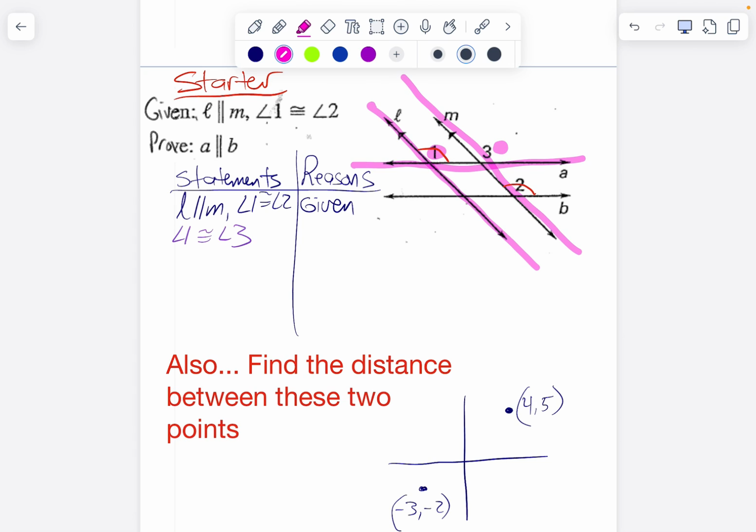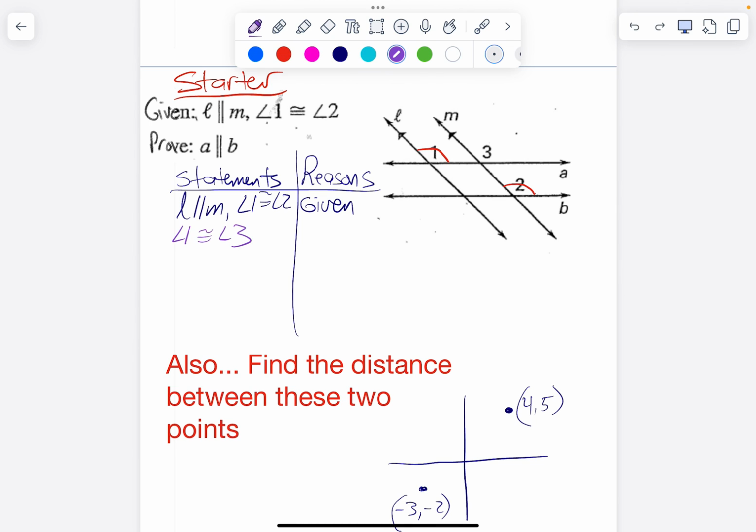So not alternate exterior. But yeah, those are corresponding. Remember, you can always turn the figure, and even on your paper, turn that whole paper if it helps you see it better. So angles 1 and 3 are corresponding, and because we were told lines L and M are parallel, it's fine to use that. So that's corresponding.